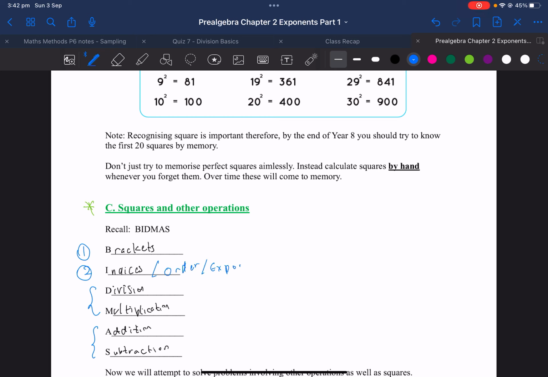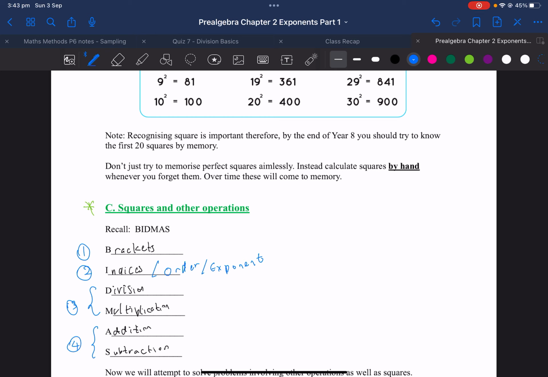The reason they don't put a P is just because it doesn't sound nice. And division and multiplication together are 3, and addition and subtraction together are 4.